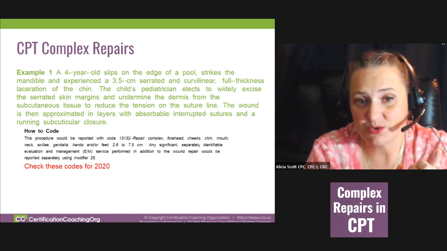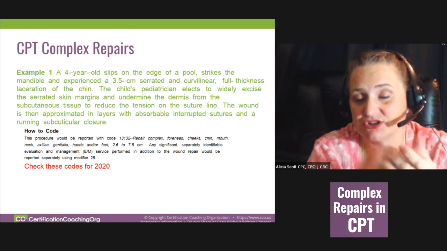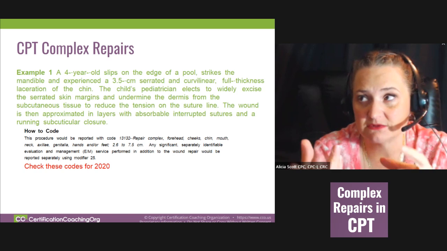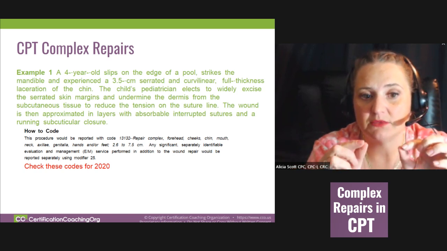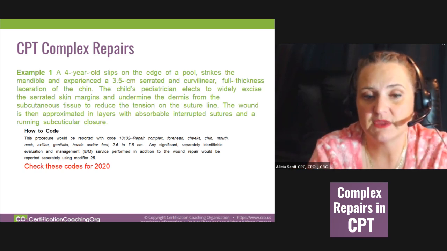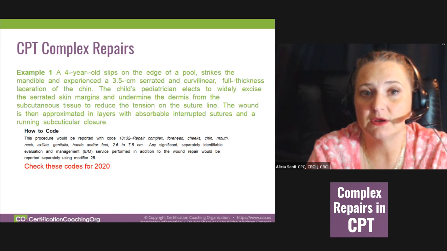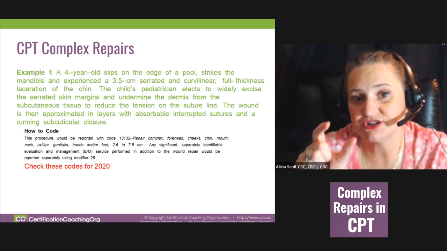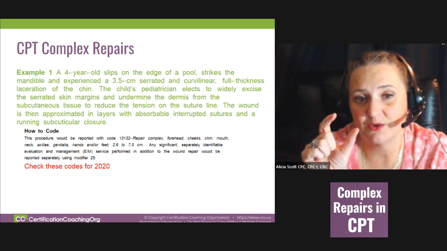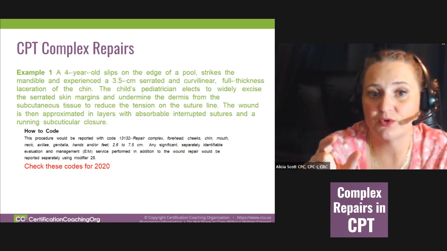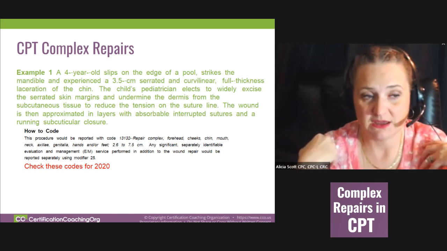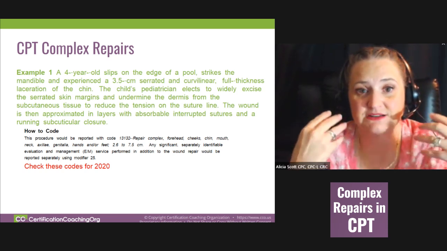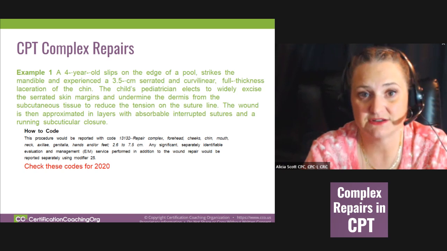Now that is going to be significant, just like my granddaughter who was a little over 1. Being younger, it could end up taking over a larger area. So a 1-inch wound on a 4-year-old versus me, I'm 51, is going to be significantly different.